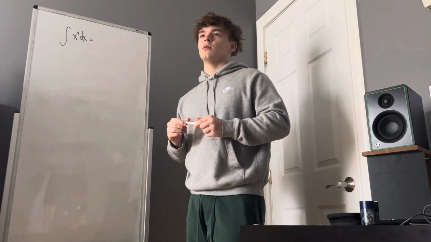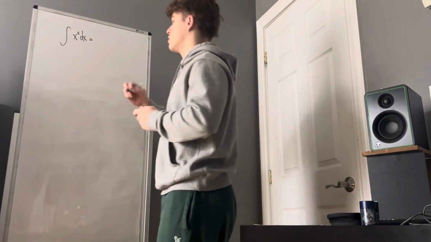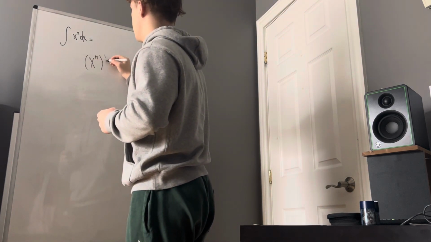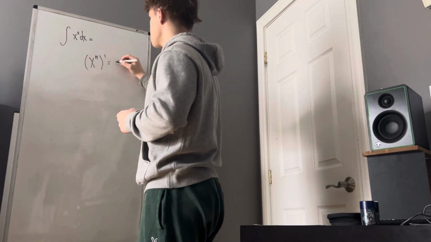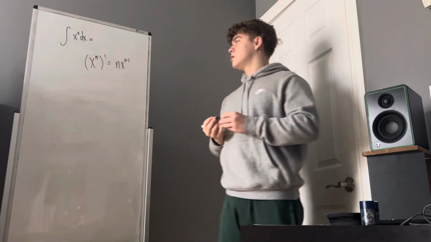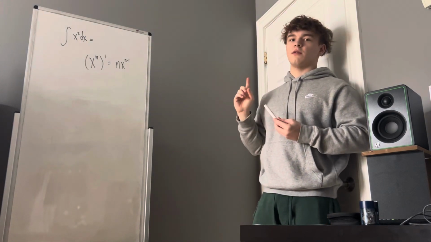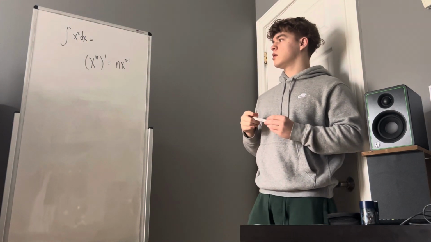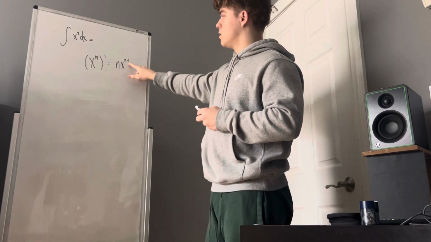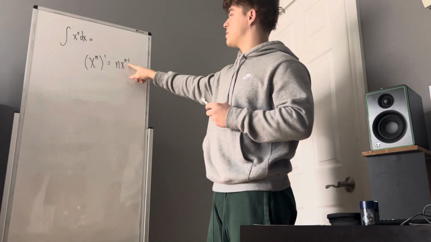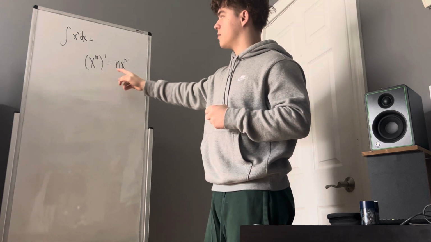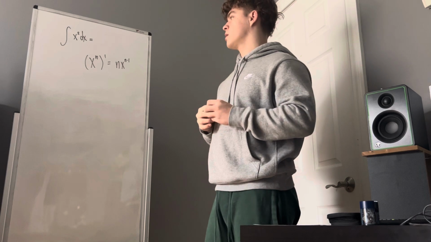So, with derivatives, we took x to the n, if we prime it, is going to equal nx to the n minus 1. Well, let's reverse this. So nx to the n minus 1, well, we know we're going to have an n plus 1, that's the opposite of n minus 1, and then we're going to have to divide, that's the opposite of multiplication.